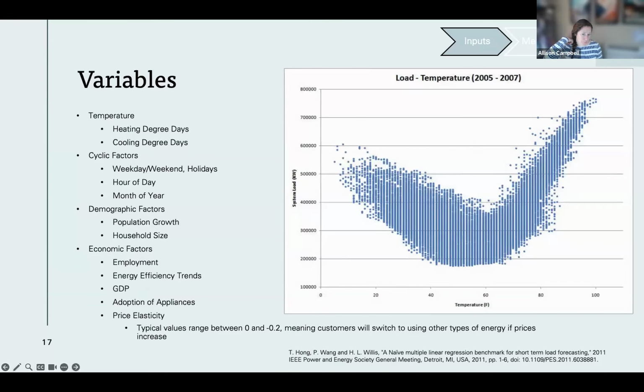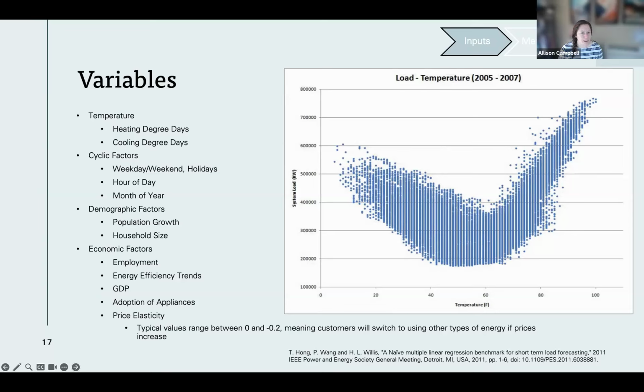Finally, let's look for a moment at the different variables that are relevant for forecasts. This plot shows a very well understood trend between load and temperature. It's called a knee or hockey stick trend, but there's a bend in the middle. That bend is typically at your either heating degree days or cooling degree days.